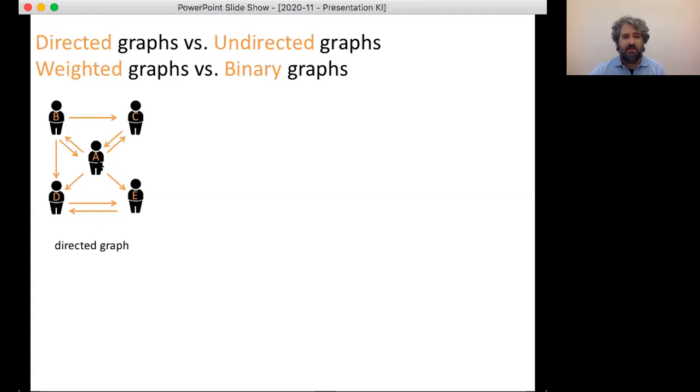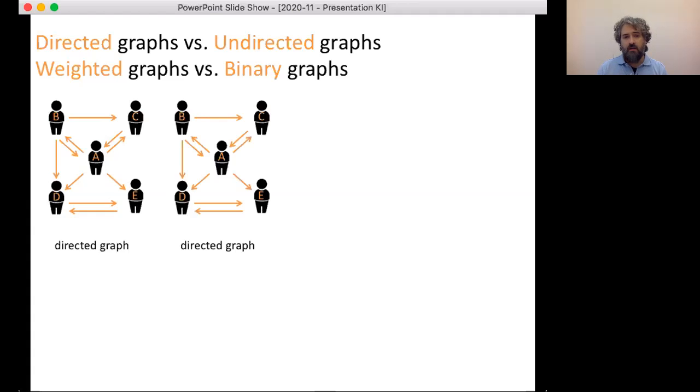For example, this might be the network of people that say that they like other people. So if you make a list, not necessarily if A likes B, B must like A in return. So it's a directed graph. This is the same graph, but now we can ask each individual, how much do you like the other individuals?